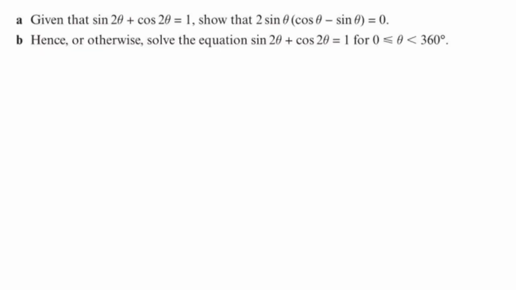Now let's look at this one. Given that sine 2 theta plus cos 2 theta is equal to 1, show that 2 sine theta times cos theta minus sine theta is equal to 0. Well, sine 2 theta is equal to 2 sine theta cos theta.